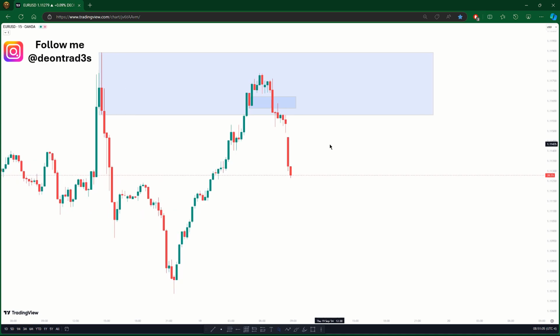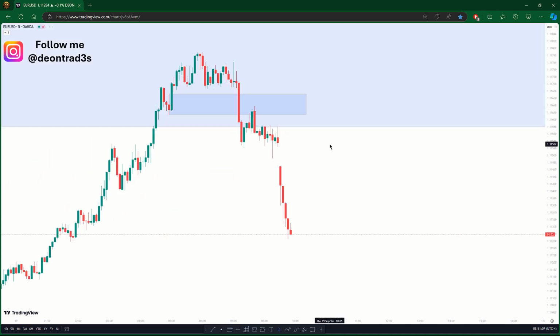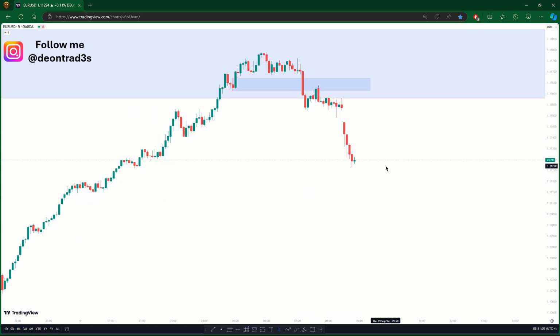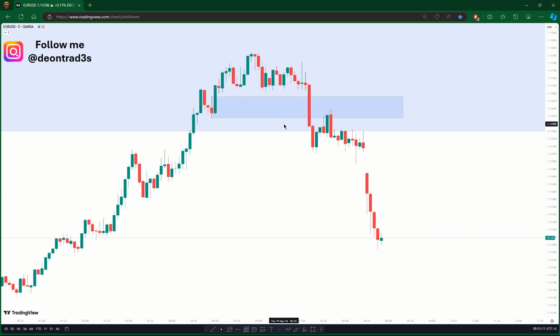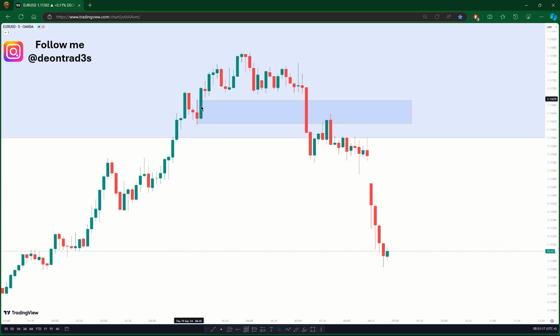Okay, now if you are trying to get the best out of breaker blocks, when you see a breaker block that has already formed in an area where you already have displacement, where you already have a fair value gap here, these are the best.